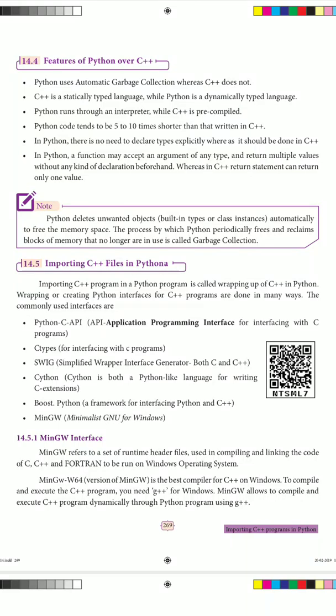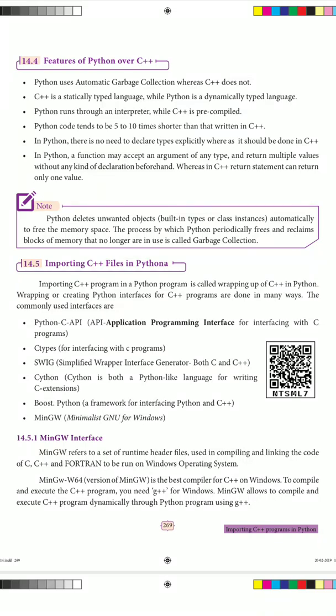Wrapping means hiding some data by using another data, like covering a chocolate with a chocolate paper. Here you can see wrapping, or creating a Python interface for C++. Interface means connection.